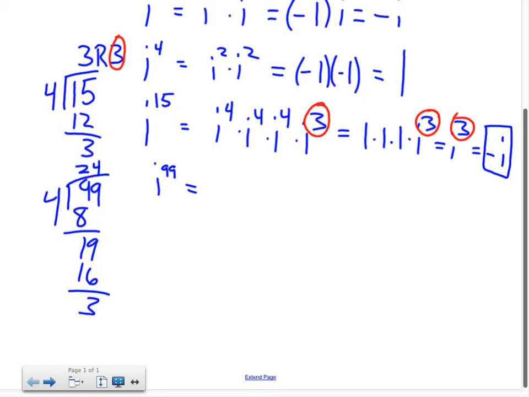So I could rewrite i to the 99th as i to the 3rd power, which is equal to negative i. Turns out i to the 15th and i to the 99th are the same. And that is how you simplify powers of i.